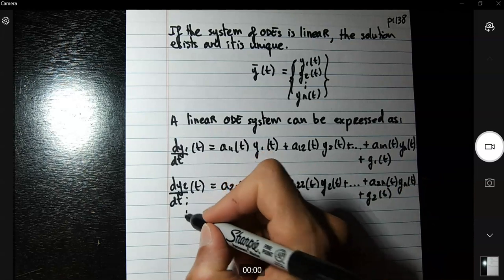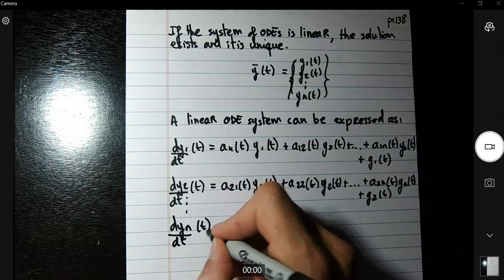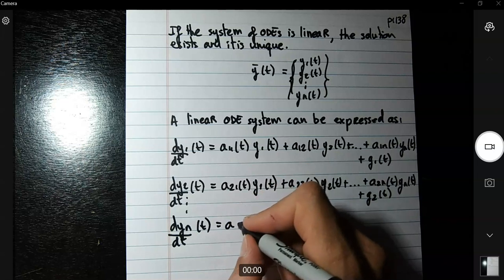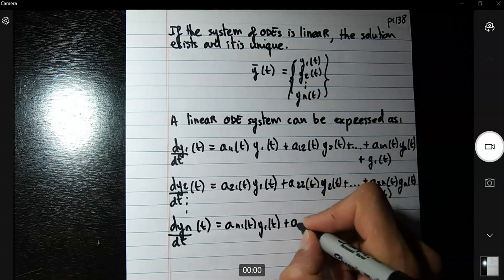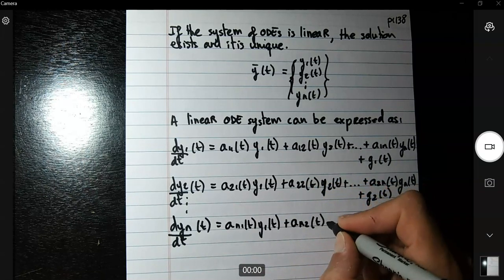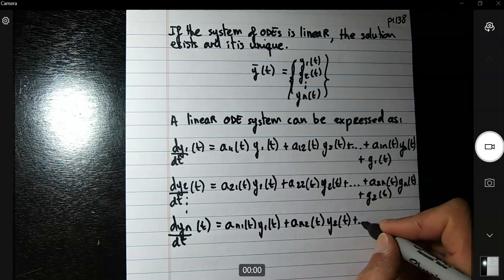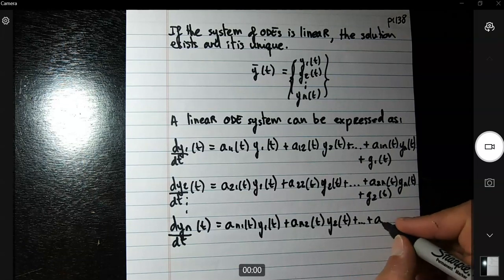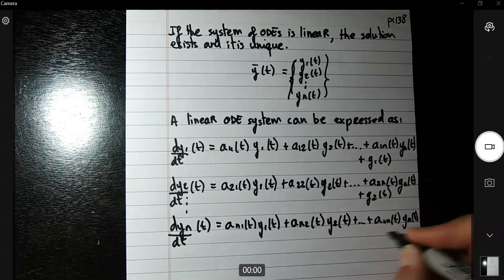We can do this up to dyn/dt, which will be equal to an1 of t y1 of t plus an2 of t y2 of t plus ann of t yn of t plus gn of t.